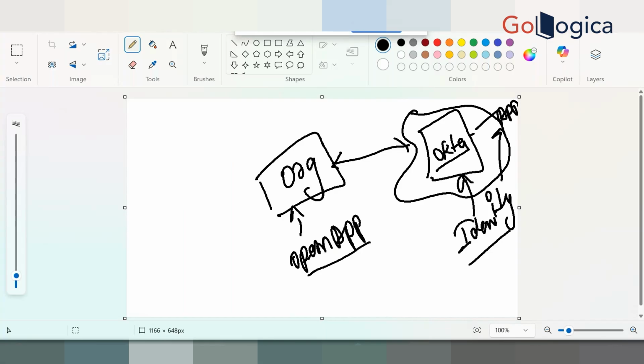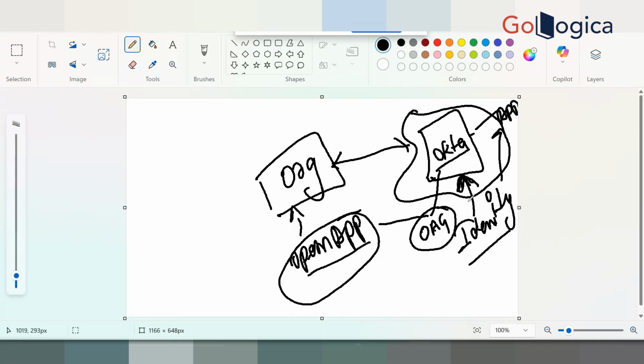But how could those cloud identities access the on-prem applications? For that, Okta comes into the picture with Okta Access Gateway. It creates a gateway for all those identities to authenticate themselves and access the on-prem applications.